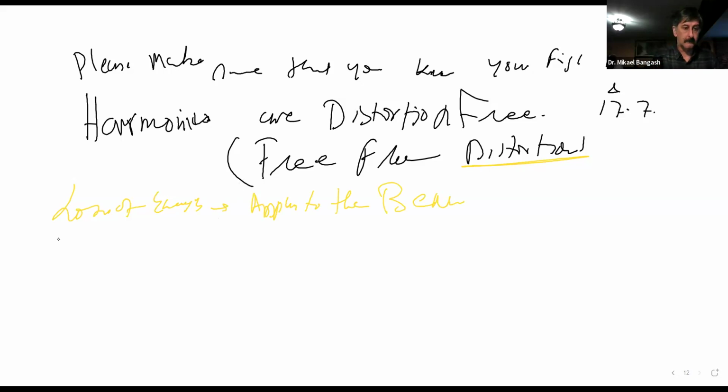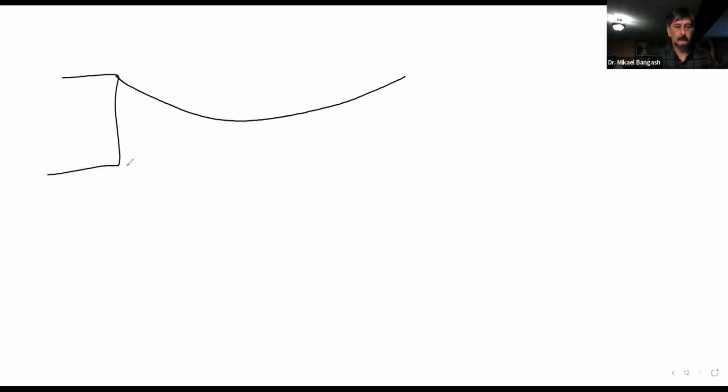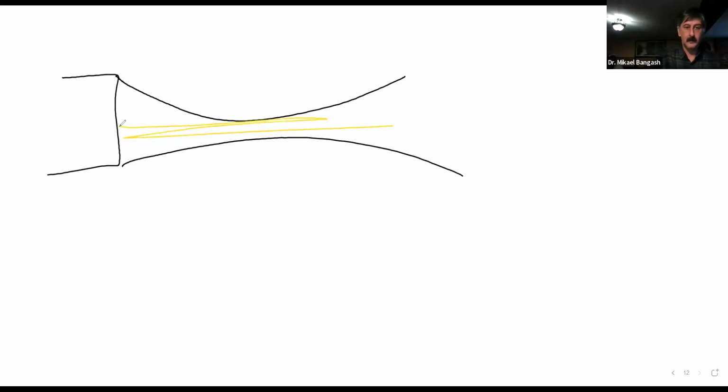Now, guys, when we said that we had a beam, no matter what, the center of the beam is where there will be a max intensity.